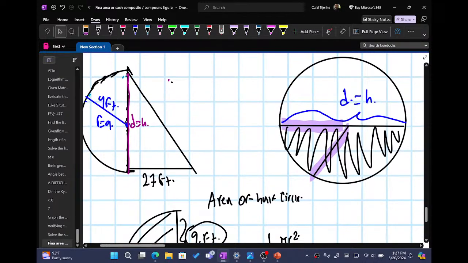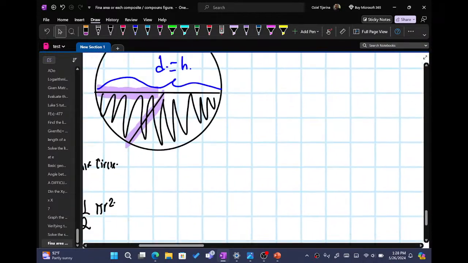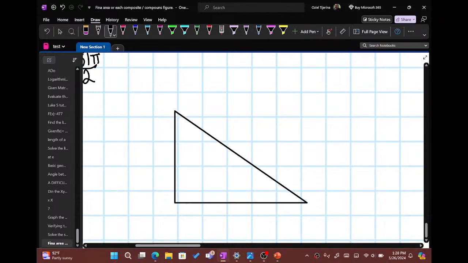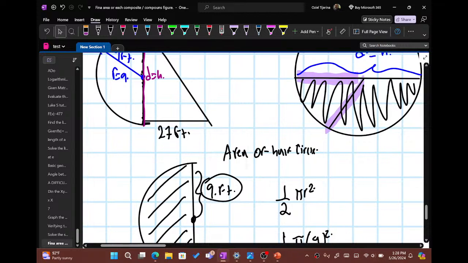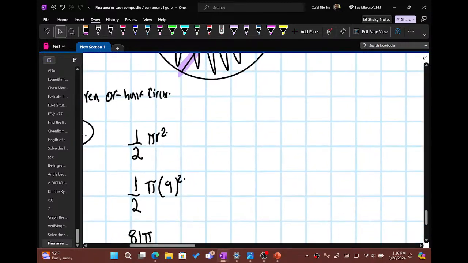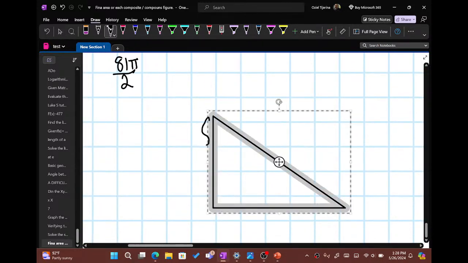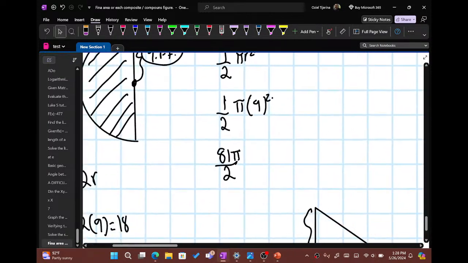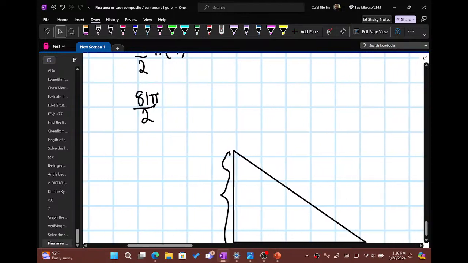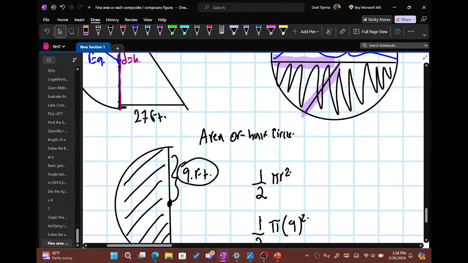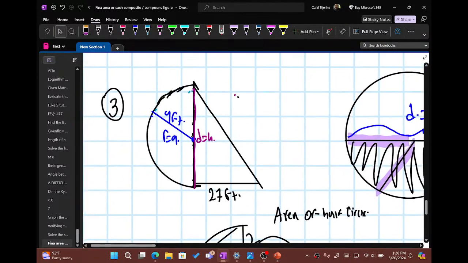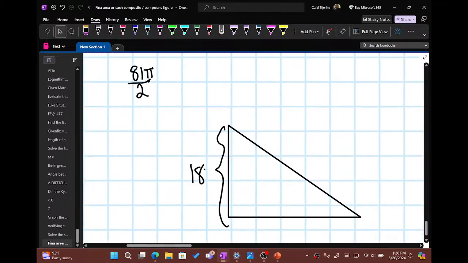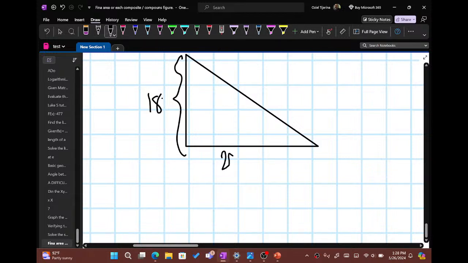So the height of the triangle, really, the height of the right triangle, because it really is a right triangle, guys. It really is. So the height of this is, again, the diameter of the circle, which is 18. And the base, as they tell us right here, is 27. So this is 27. That is the base of the triangle. So it's 27 feet.